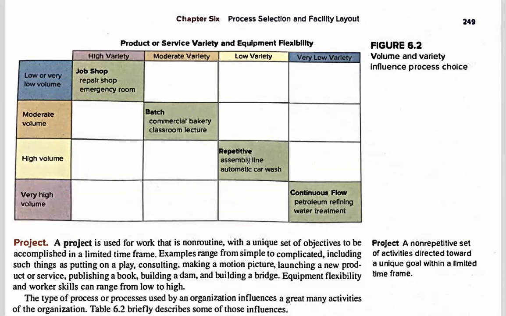But in general, variety is very low. And even if you have different types of cars, still the variety is relatively low because no matter whether you are making an SUV, a sedan, or a hatchback, they tend to have a similar type of design, which means if they are going to install doors, it's a similar type of task when a door is to be fit on an SUV or hatchback or sedan.